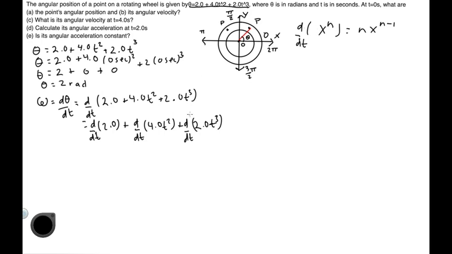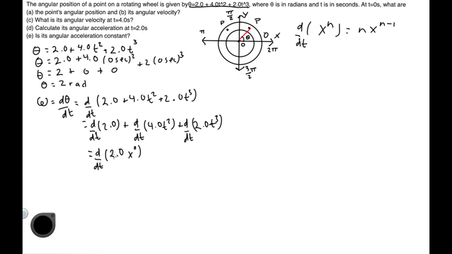So in this case, for the first term, 2, it may not look like 2 has a variable in front of it, but it actually does. So we can think of 2 as 2 times x to the 0 power. This is because anything to the 0 power is just 1, and then 1 times anything is itself.